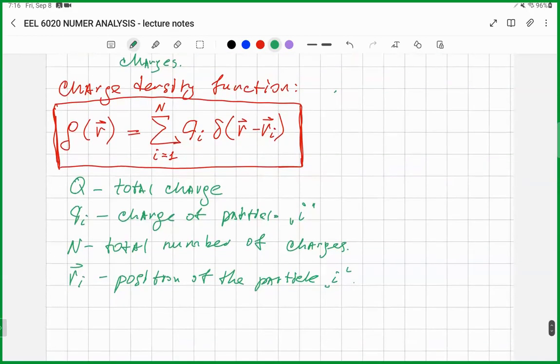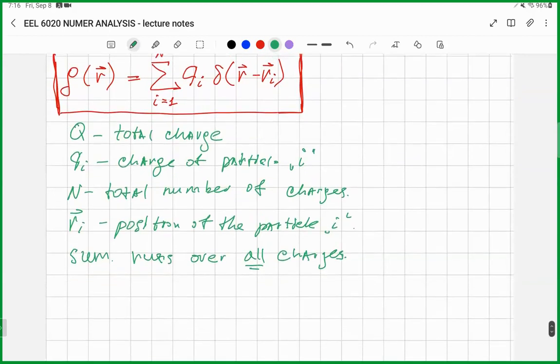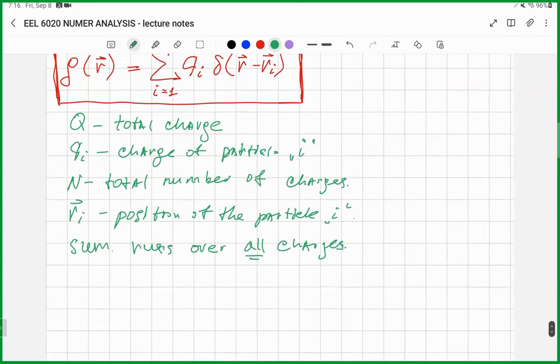The summation runs over all charges in the system. So let's prove that this formula gives us the correct result.